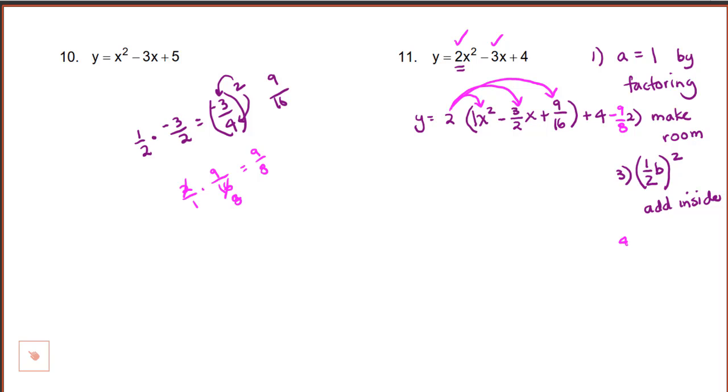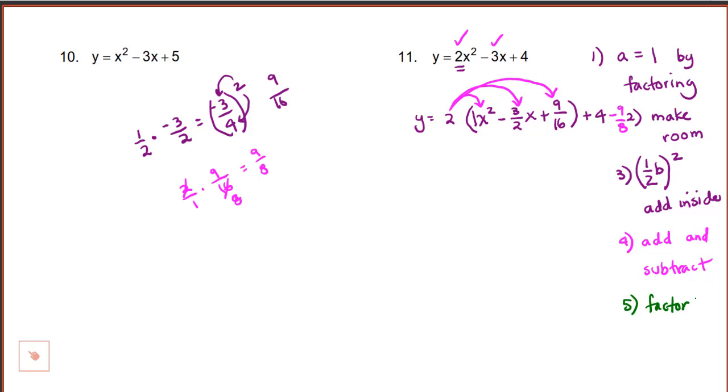So step 4, we could say we add and subtract. So then step 5, we are going to factor.